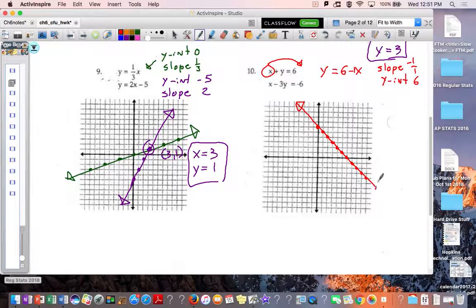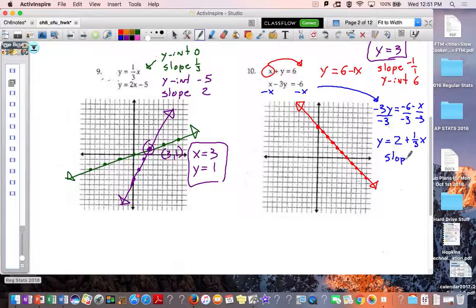There's that line. So then on this one, got to switch colors here. Go to blue. So I'm going to subtract x. So I'm going to move it over here. So I have -3y equals -6 minus x. I got to divide by -3. Got to watch this carefully. Y equals +2 plus 1/3 x.